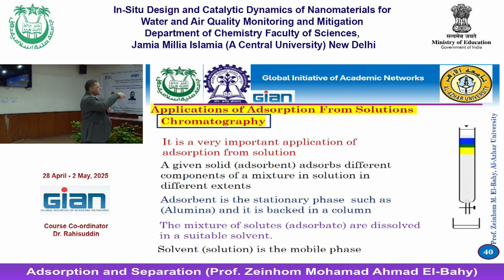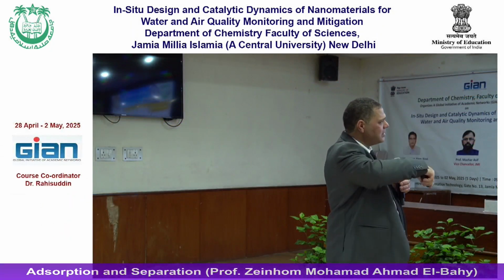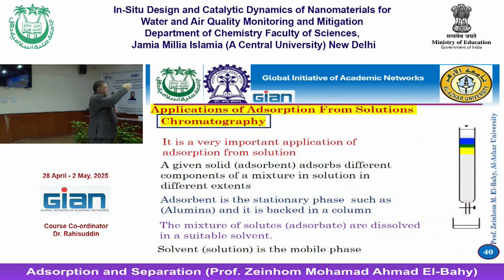Just add these substances like this, and add solvent. The solvent will take these materials to separate them. Do you know which force will drive these materials to move or to stop? Which force?